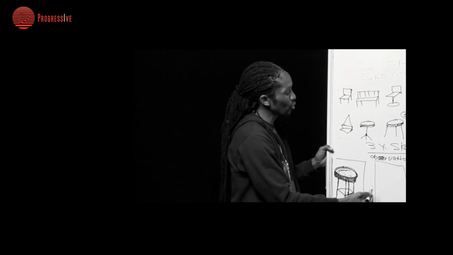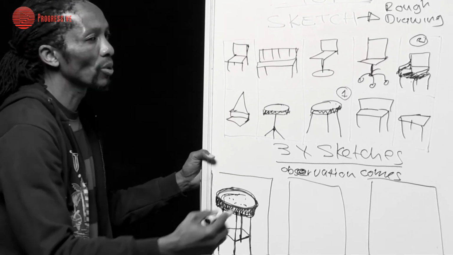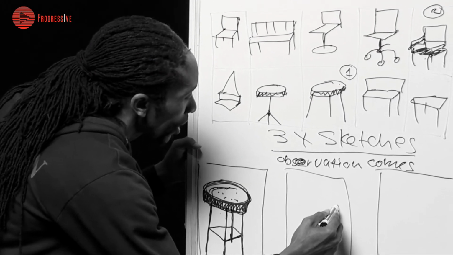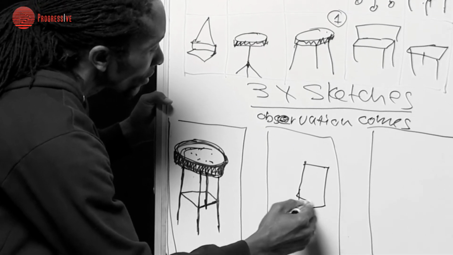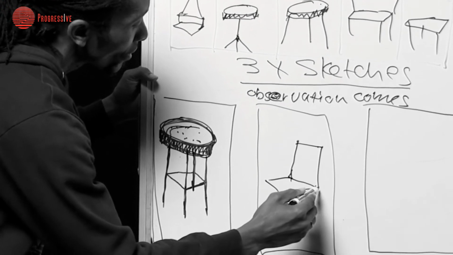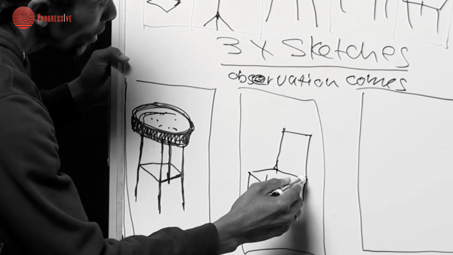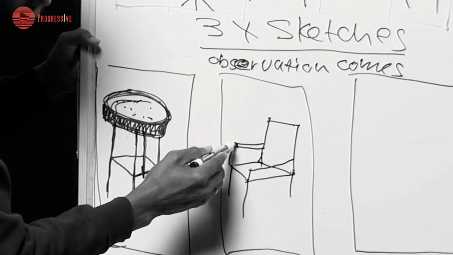So my option number 2 will be what? Will be this chair, which is an armrest chair. So let's see if we can actually illustrate a chair which we see here. The chair which is sitting in front of me, so I'll probably go like that. And I will illustrate this.